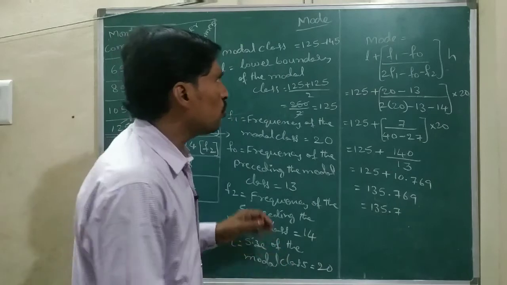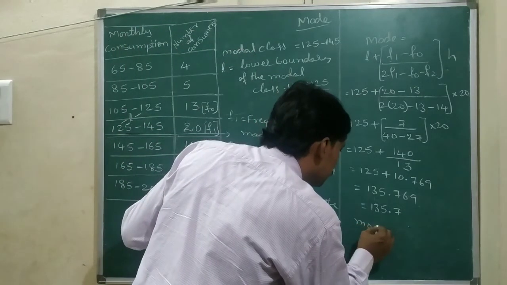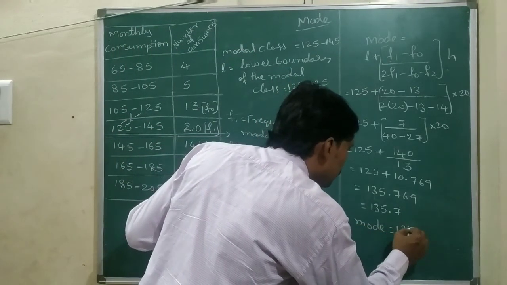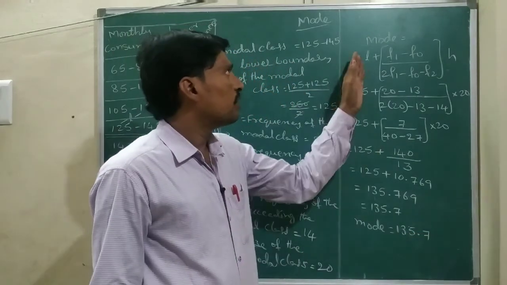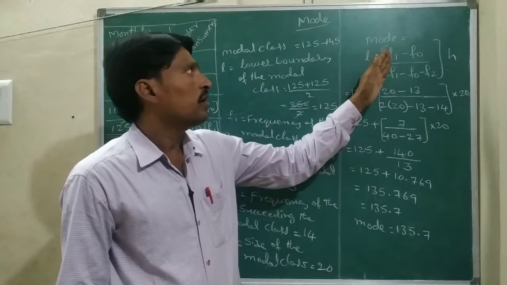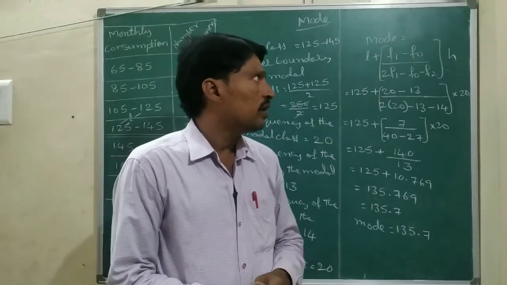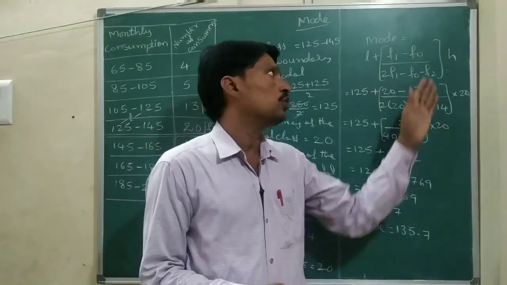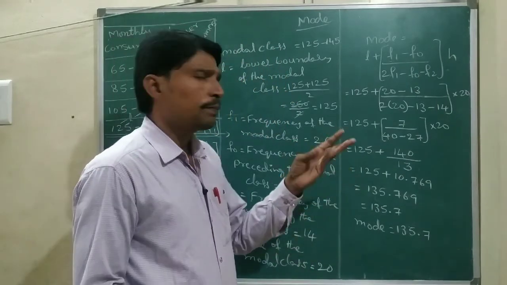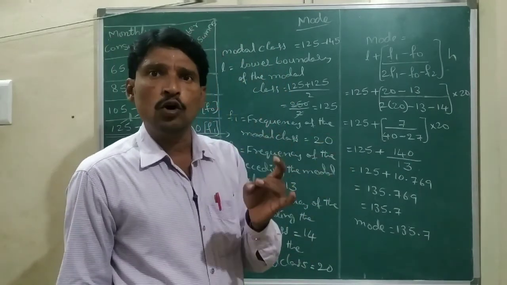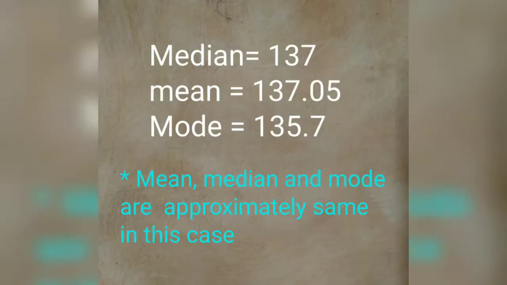So the mode equals 135.7. We used the formula for mode, L plus (F1 minus F0) by (2F1 minus F0 minus F2) into H. So in this problem, approximately mean, median and mode we got the same answer.